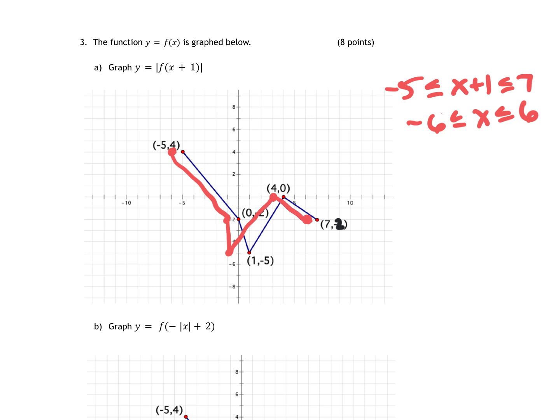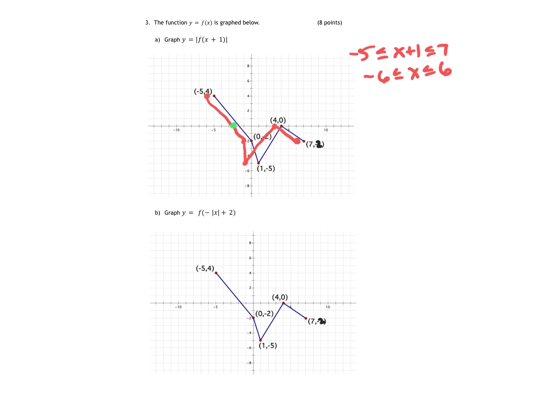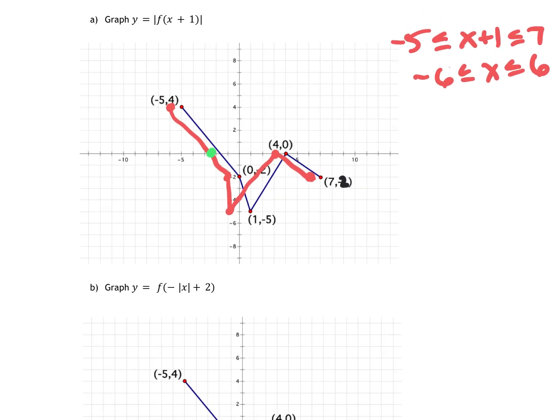Okay, and so now it says the transformation in y is an absolute value. So it's saying every y value that is 0 or positive is going to be exactly the same. So I would mark those. And then any negative will come up as positive.